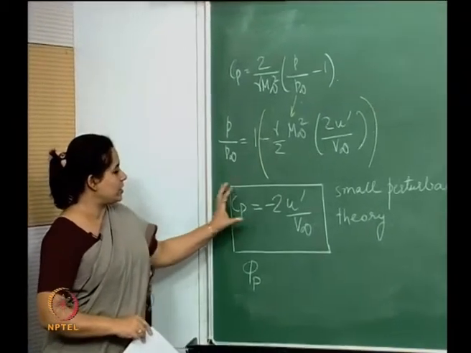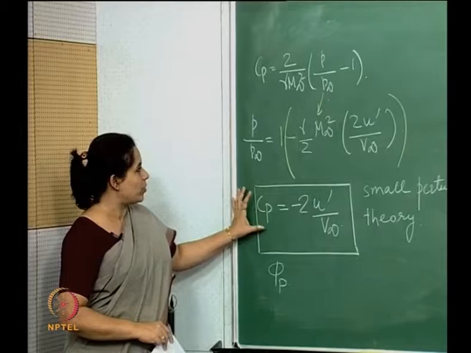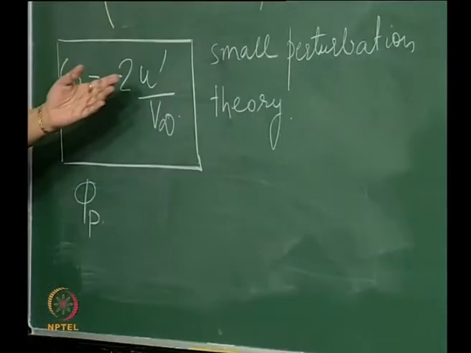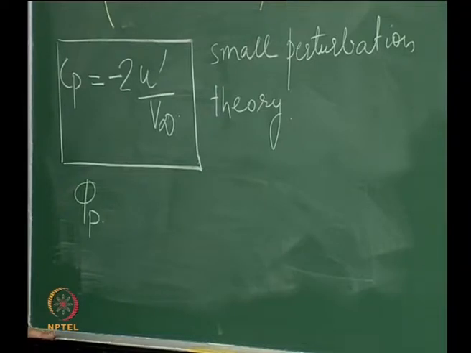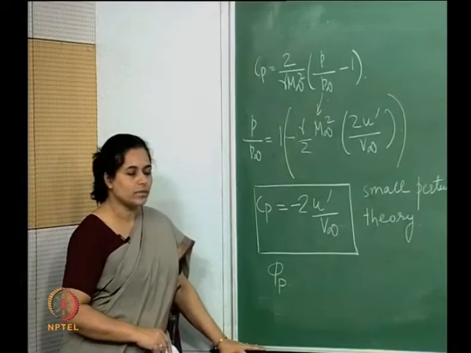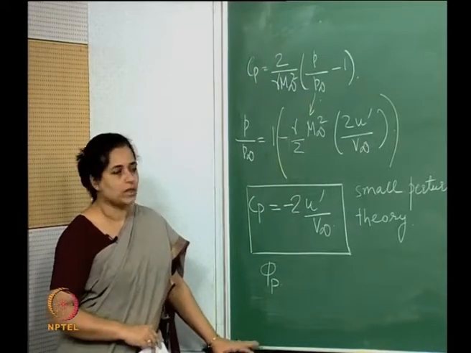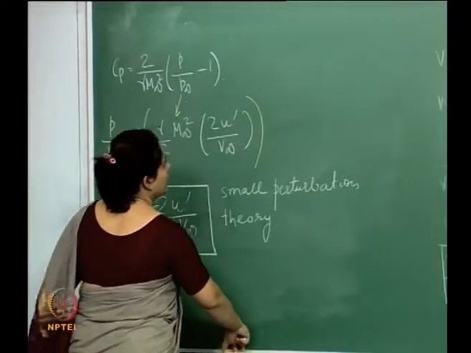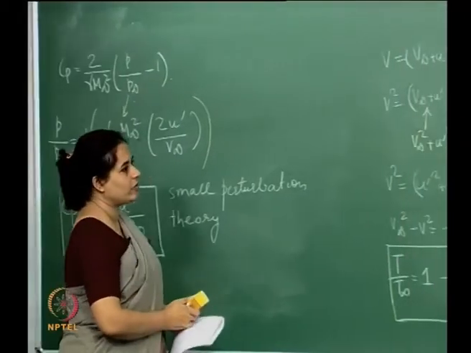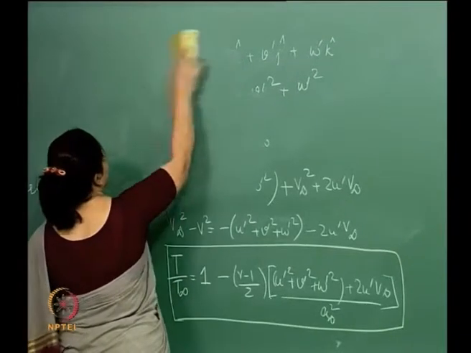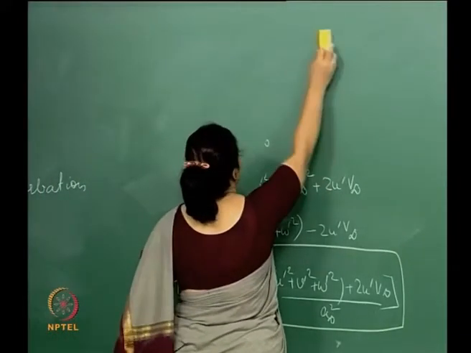So from using the small perturbation theory, the Cp depends only on the u component of the perturbation velocity. Okay, now let us see if we can draw some more inferences from this. Let us write out this Cp and see what we get.